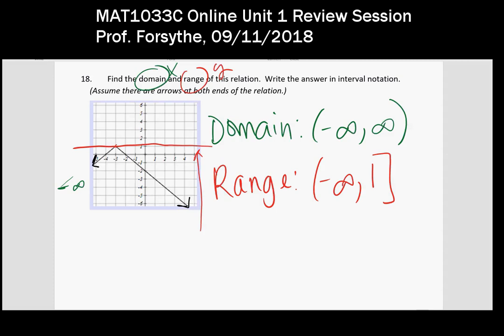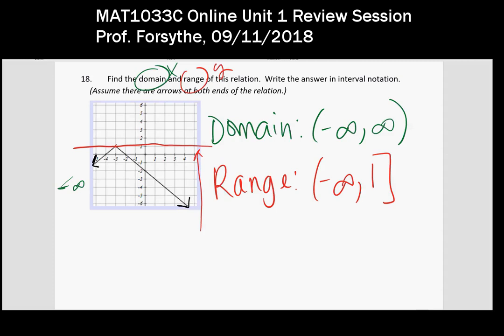I got a question: what about the points that the line touches at the x value? Are you referring to -4 and -2? Good question. Think about domain and range as describing the range that your graph covers.